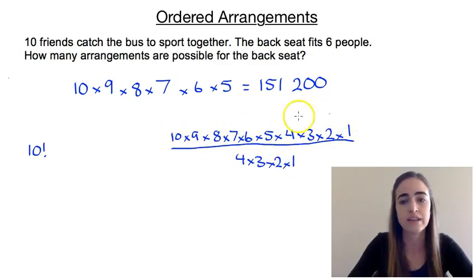So that's the whole 10 factorial on the top. And if we look down the bottom here, 4 times 3 times 2 times 1, that's the same thing as 4 factorial. So we could write it as 10 factorial over 4 factorial, and that would give us the same answer of 151,200. So that's a few examples of ordered arrangements.